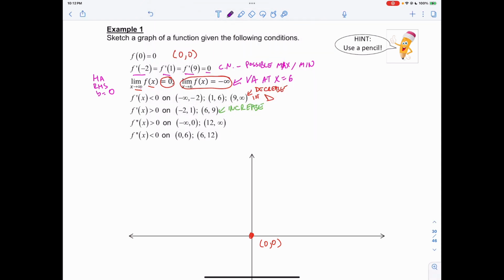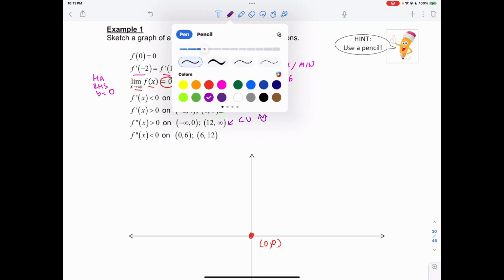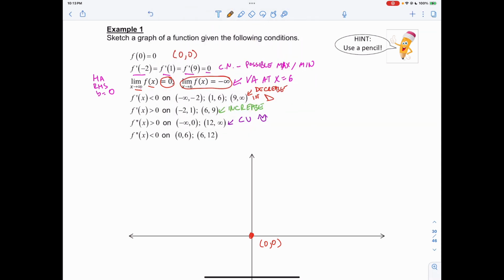When our f double prime of x is greater than 0 from negative infinity to 0 and from 12 to infinity, because this is our second derivative, this is telling us when it is concave up. And when it is less than 0, it's showing us when it is concave down.